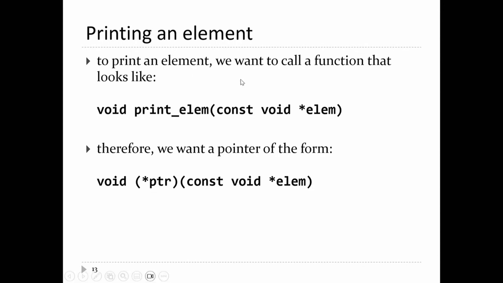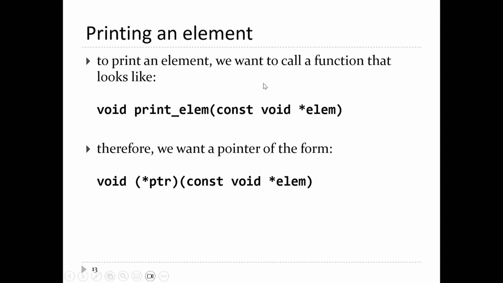All right. So remember in our stack implementation, everything is a pointer to void. We've got pointers to elements. We don't know what the element types are, so they have to be pointers to void. If I want the stack to print an element, it needs a function that can print an element that's pointed at by a void pointer.